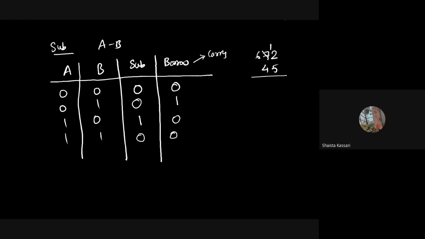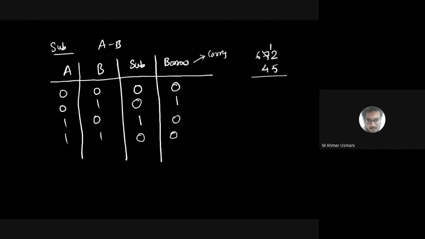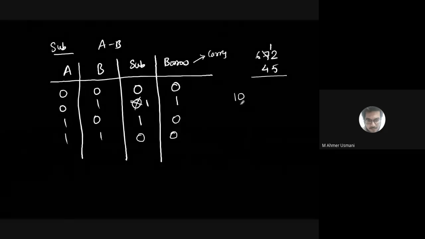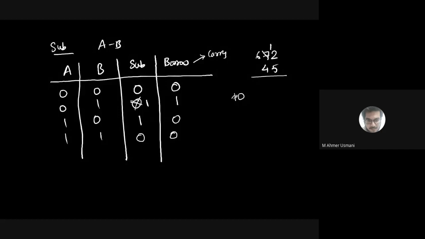No, sir. Okay. So over here, I think there is a mistake in one place. This part over here will have 1, because 1 0 is nothing but 2. From 2 you are trying to remove 1. I'll repeat it: you have to remove 1 from 0, so you'll have to take a carry.